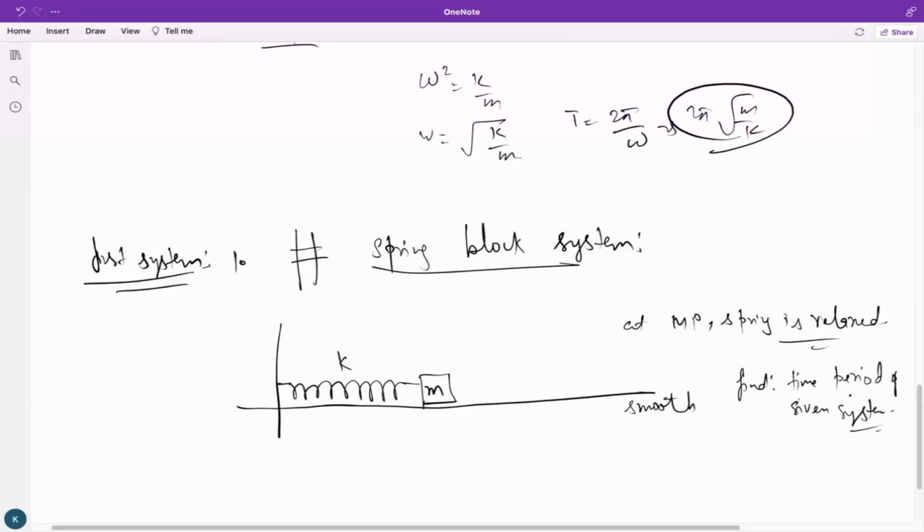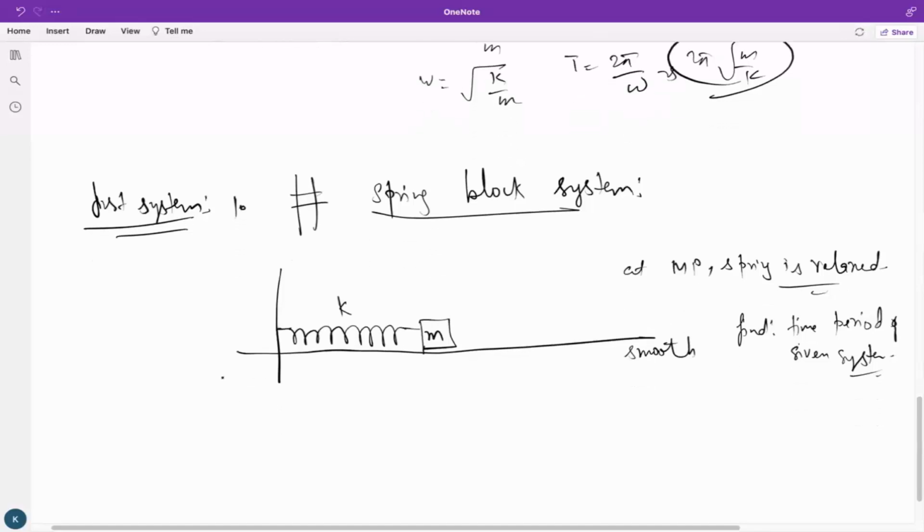So how can you do so? First we have to write the equations at the equilibrium position. So first we have to identify the equilibrium position. Here our equilibrium position is this, because here the net force is zero. How can I say so?